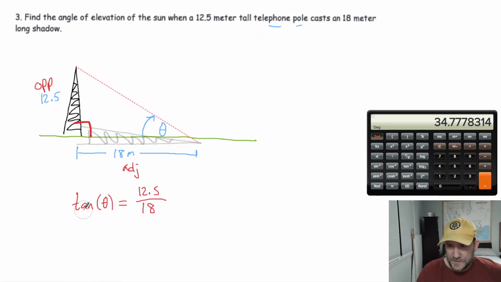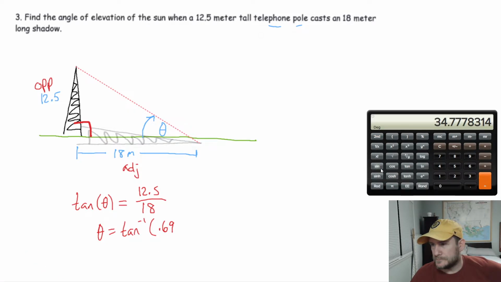Why? Because from here we always have to do inverse tangent. It's going to be the inverse tangent of this fraction, which was what? 0.6944444? Oh, shoot. Oh, because it's supposed to be tangent.